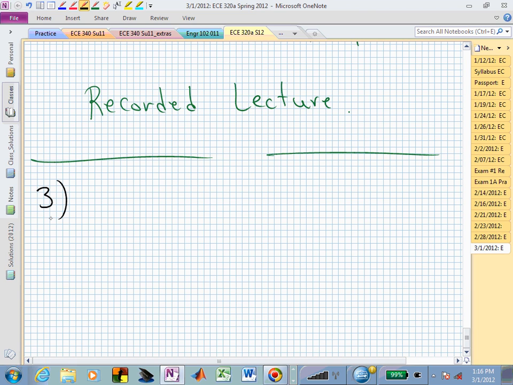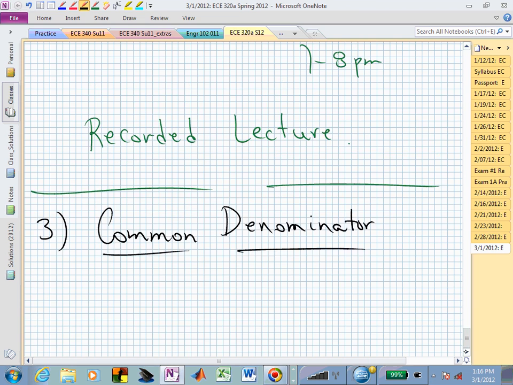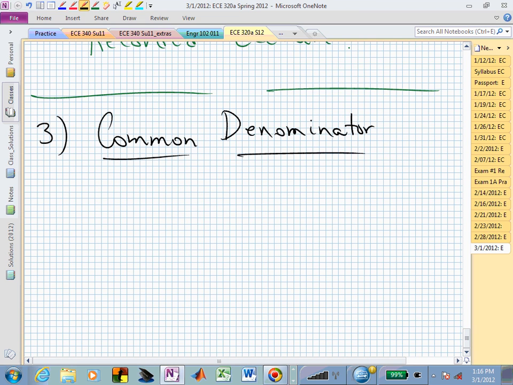Let's look at another approach. Have you guys seen these before on finding the partial fraction expansion coefficients? These techniques? Let's look at a common denominator approach.